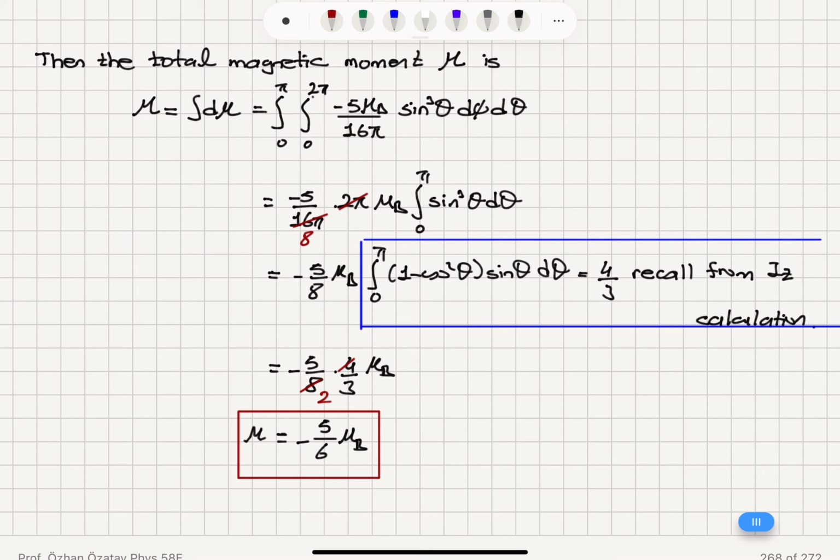The phi integral from 0 to 2 pi gives me just 2 pi. The integral from 0 to pi of sine cubed theta d theta we have performed several times. It was equal to 4 over 3. So we can substitute that result here. We find that the total magnetic moment due to surface charge uniformly distributed on a sphere is minus 5 over 6 Bohr magnetons.